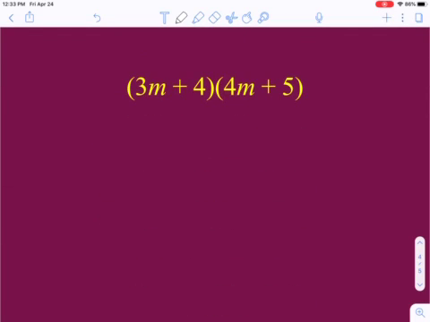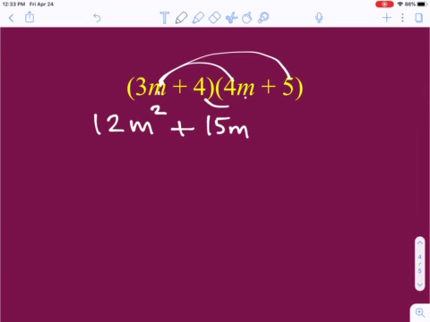All right, this one is one of the try this examples from the book. So 3m times 4m is 12m squared, because you have m times m. 3m times 5 is just 15m. Now if we do 4 times 4m, we have 16m, and then 4 times 5 is 20.